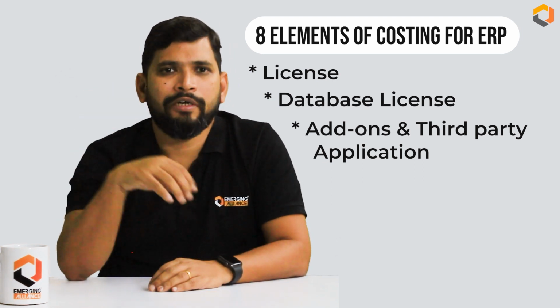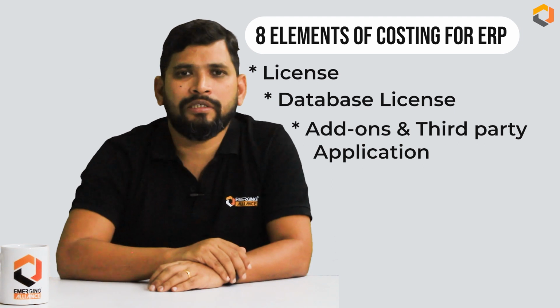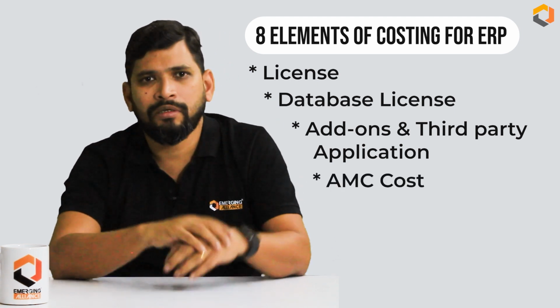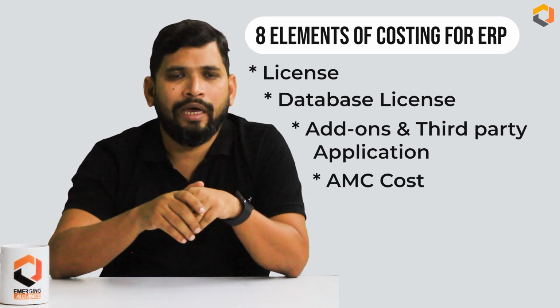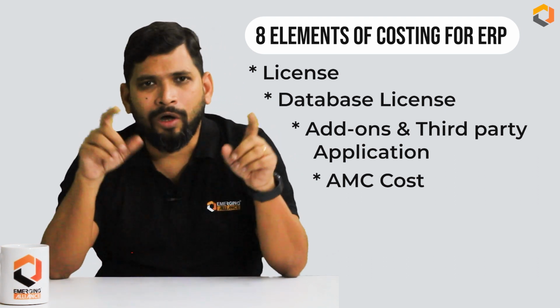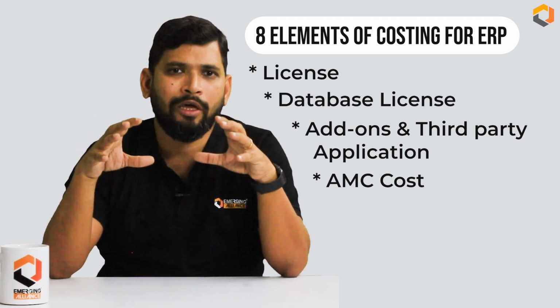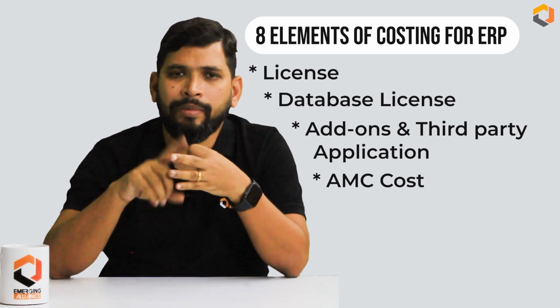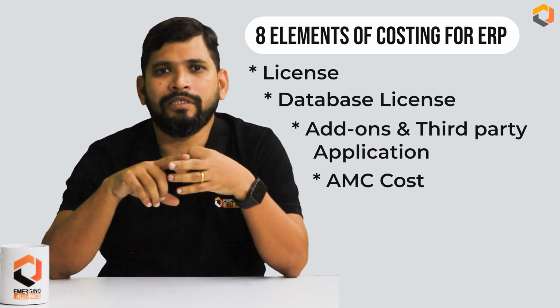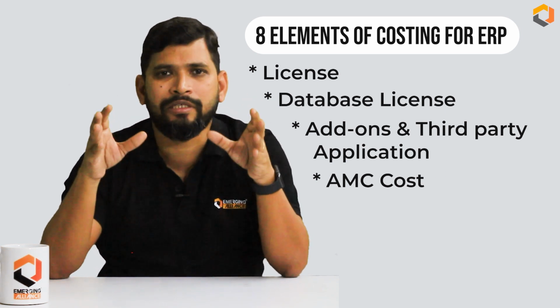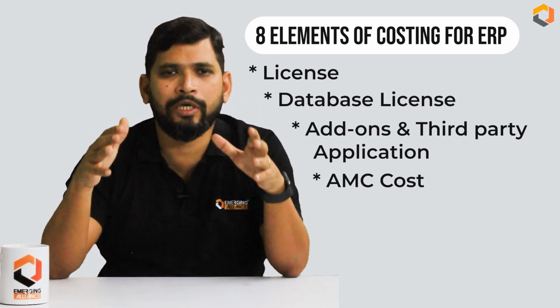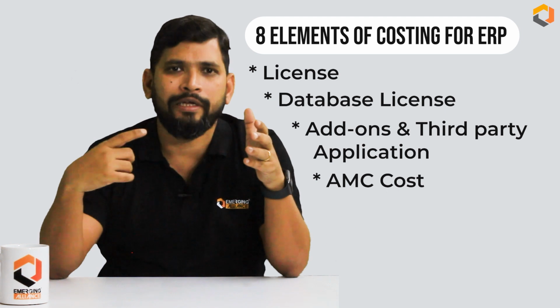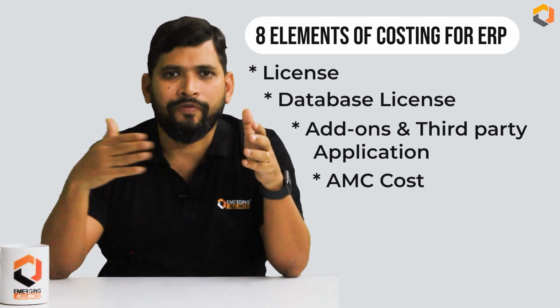The fourth element that we're going to talk about is the AMC cost. AMC stands for annual maintenance contract. All the three elements that we spoke of until now, the ERP license, the database licenses, and any third-party add-on licenses, are basically software products and will require a continuous upgrade over a period of time.